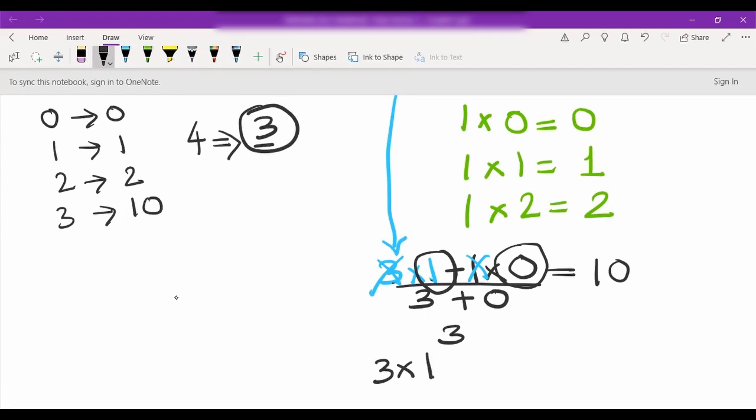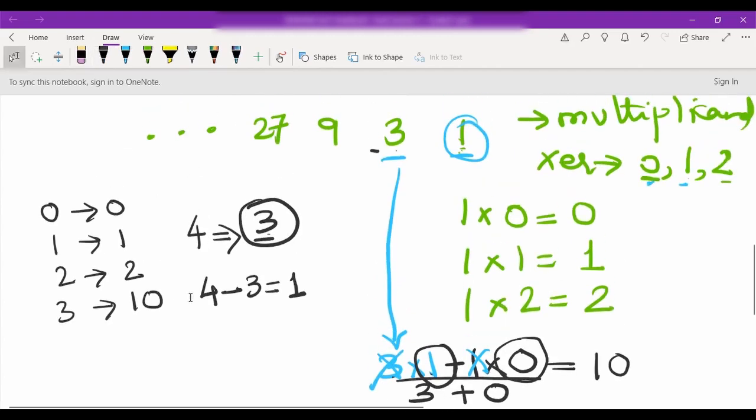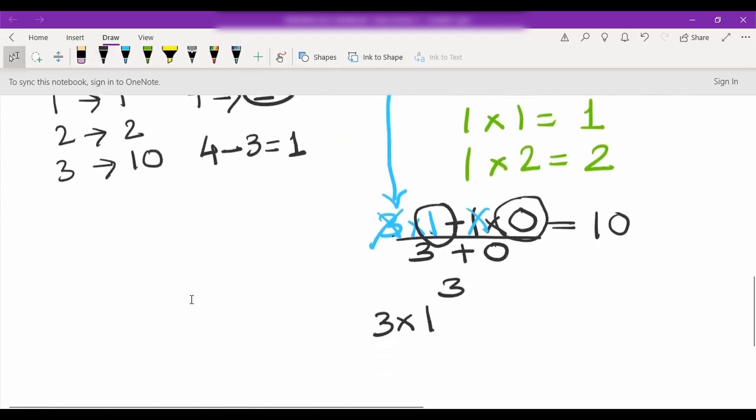Now out of 4, I got 3. What is remaining? I want number 1. Number 1 is directly present here, so I want to use this multiplicand. Whenever we want to set this multiplicand, we multiply 1 with 1. Now the addition of these two products has to be 4.